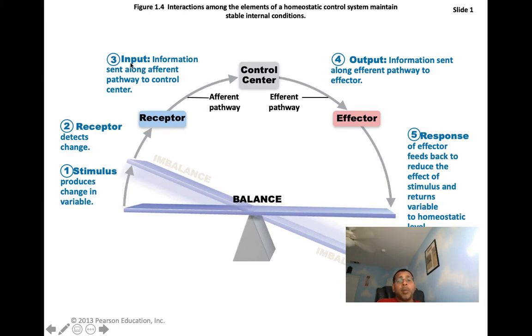And this is input. This is information being sent to the control center. The control center then integrates that information, and dictates a response, and that response goes along the efferent pathway to the effector. And the effector, either muscle or glands, is going to help correct it through either positive or negative feedback mechanisms.